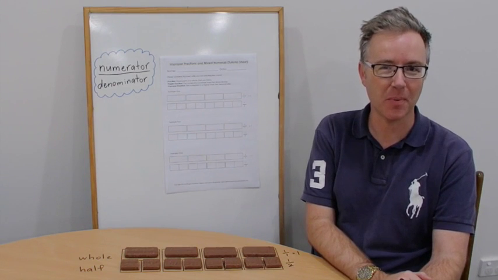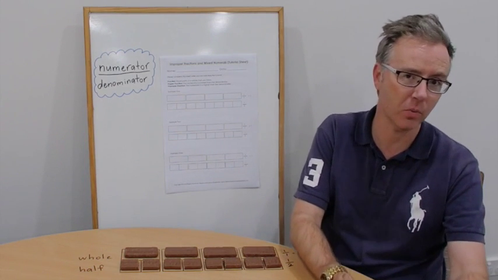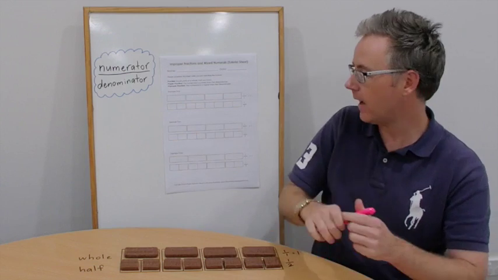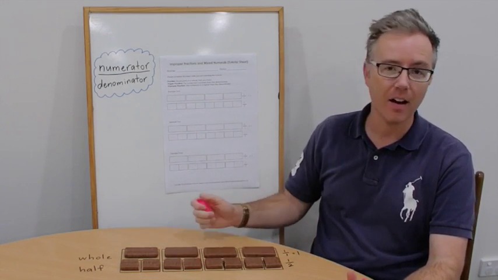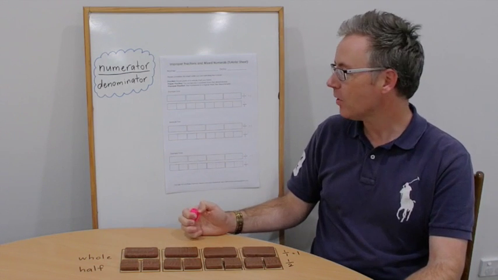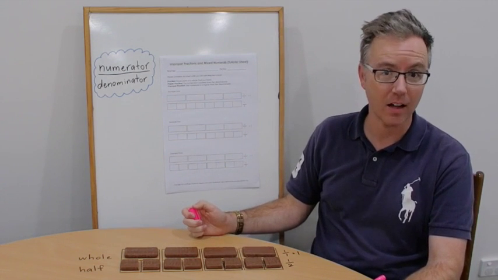Now today we're going to be looking at improper fractions. What I'd like you to do with one of your highlighters is go and highlight in the half section. I actually want you to highlight 5 halves.